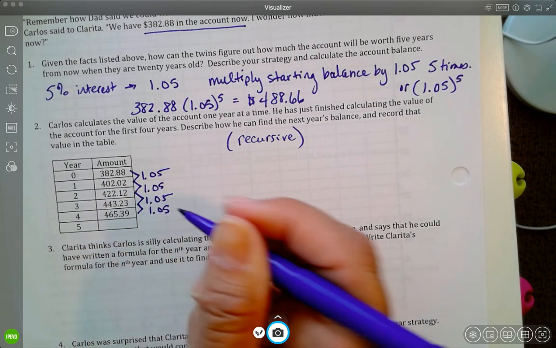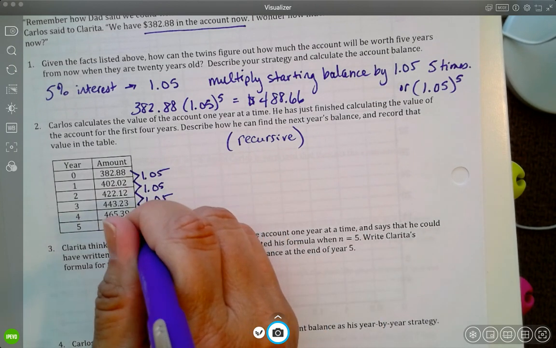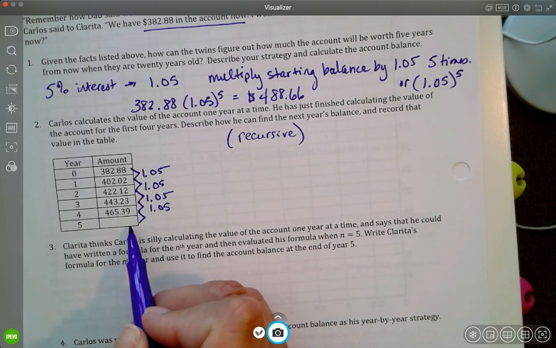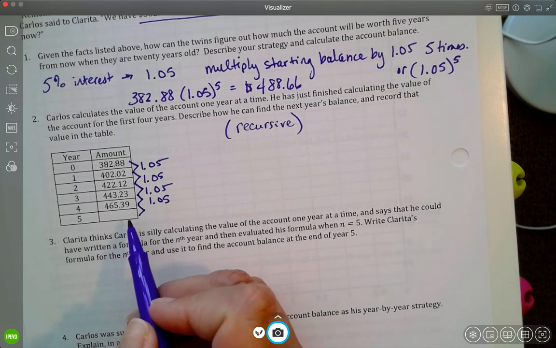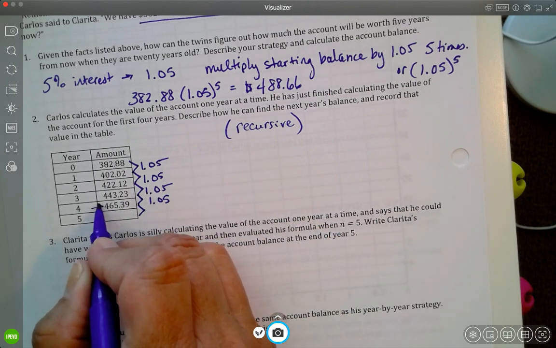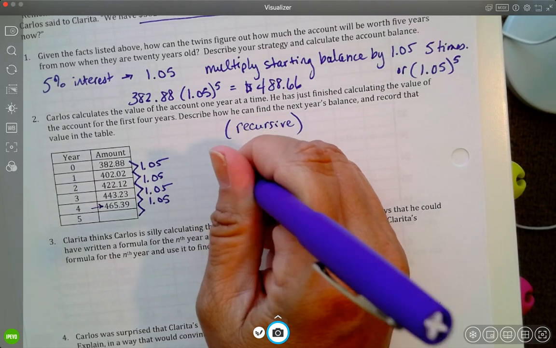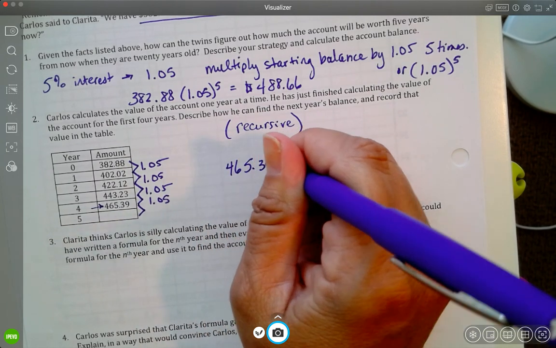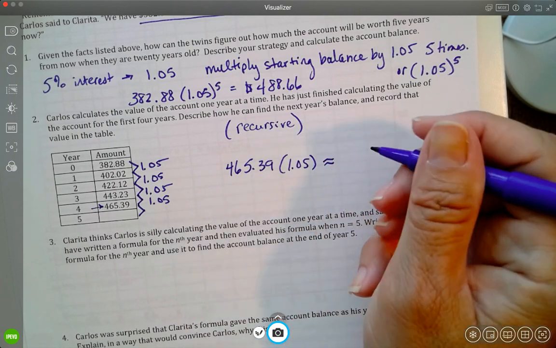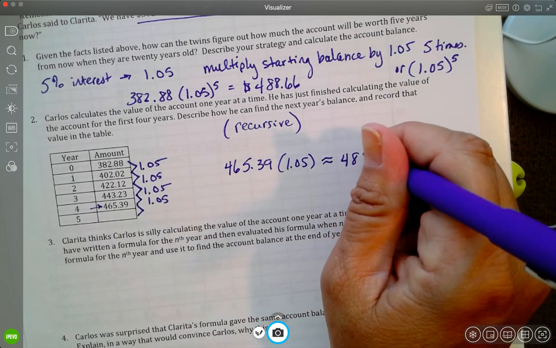So to get the next one, for the 5th year, since he's thinking about it recursively, he would need the previous year, which is here. So 465.39 times 1.05, which is about 488.66.